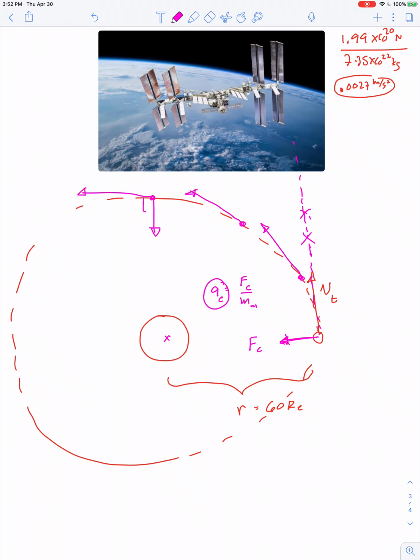And all the while, the angle between the force and the velocity vector is 90 degrees. So the Earth does no work on the moon. It doesn't change its kinetic energy and it doesn't change its speed. It just changes its direction. And so we have a centripetal acceleration of 0.0027 meters per second squared for the moon.